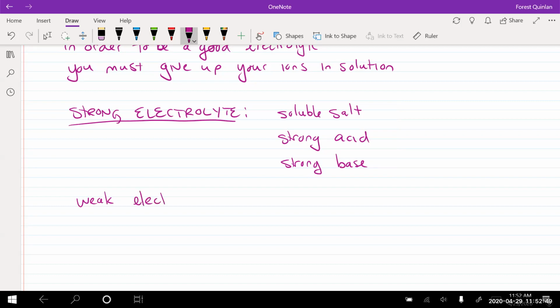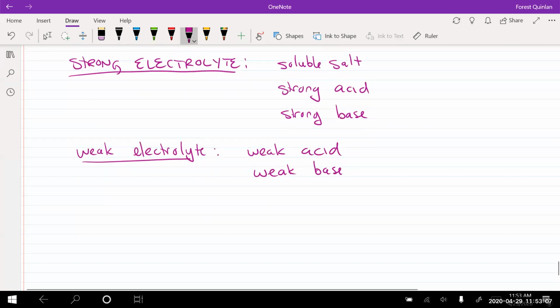What is a weak electrolyte? Well, if not strong acid, then weak acid. If not strong base, then weak base. And if not soluble, you go with insoluble salt.